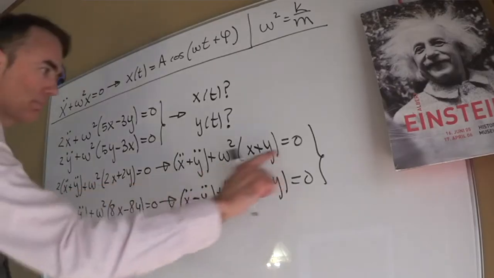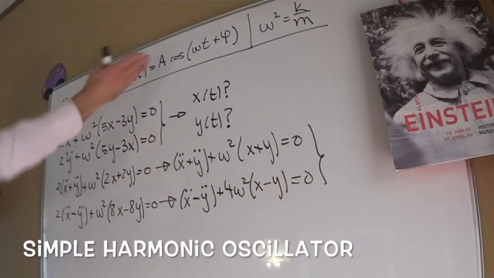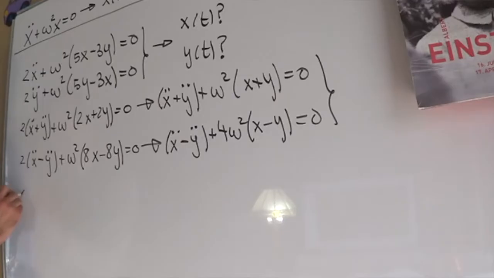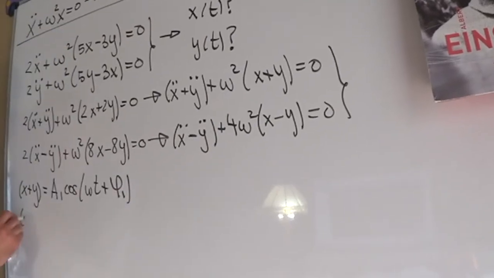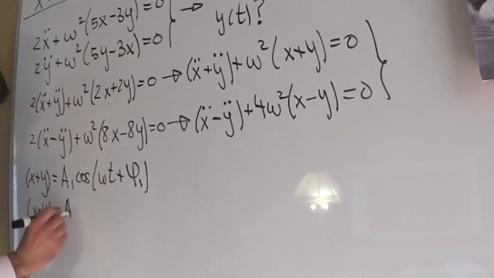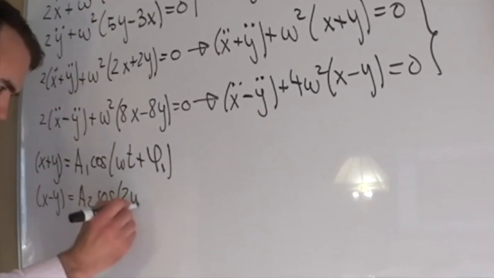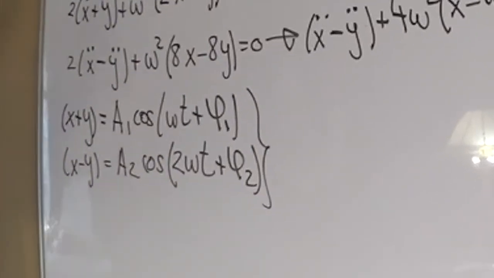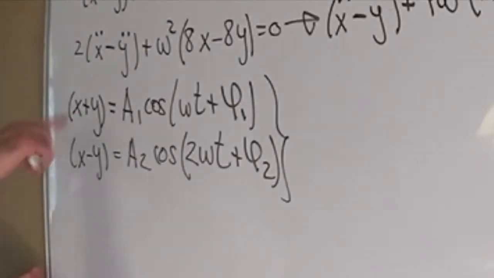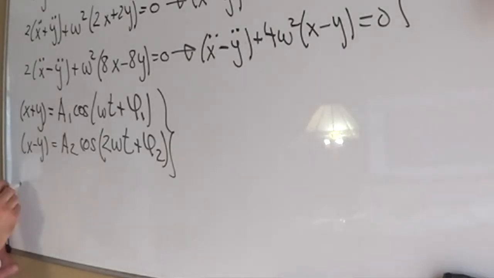Now I have two differential equations that sound very familiar. These two equations have the solutions for x plus y and x minus y. From these results, we can write the equation of motion for x and for y.